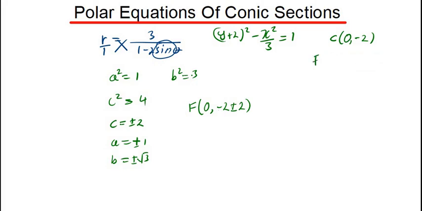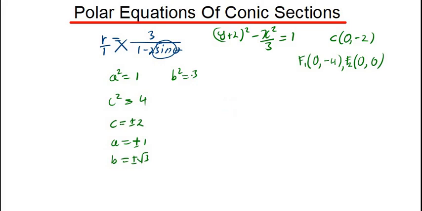Our f1 is going to be 0 comma -2 minus 2, that's going to be -4. Our f2 is going to be 0 comma -2 plus 2, that's going to be 0, and this makes sense, since one of the foci is at 0 comma 0.